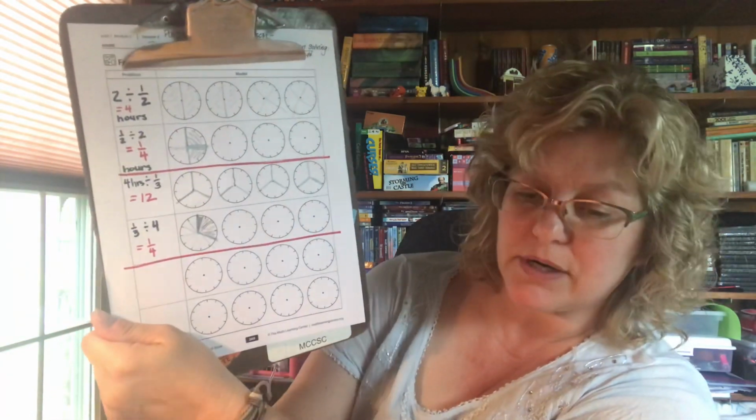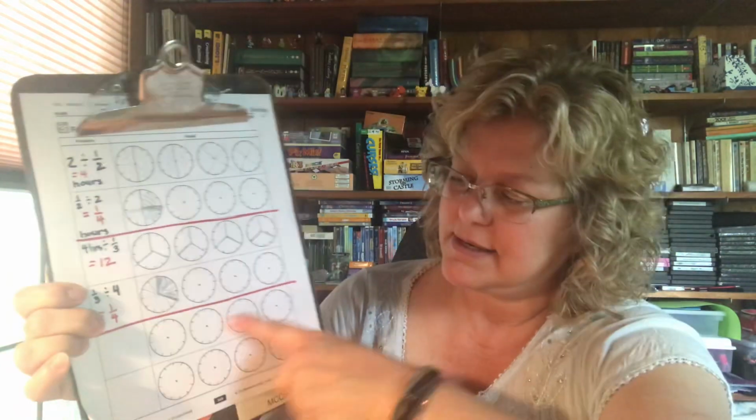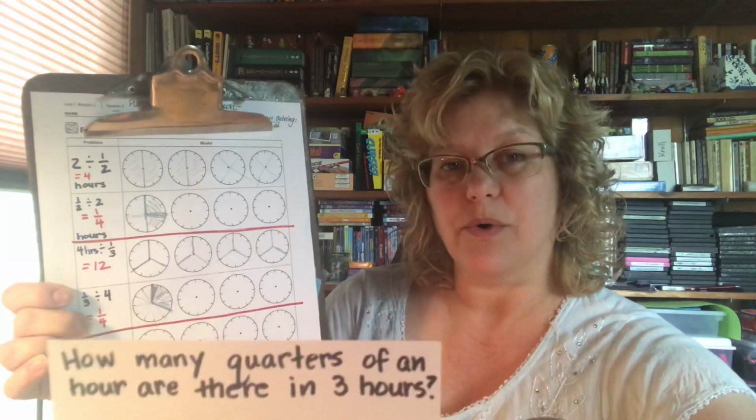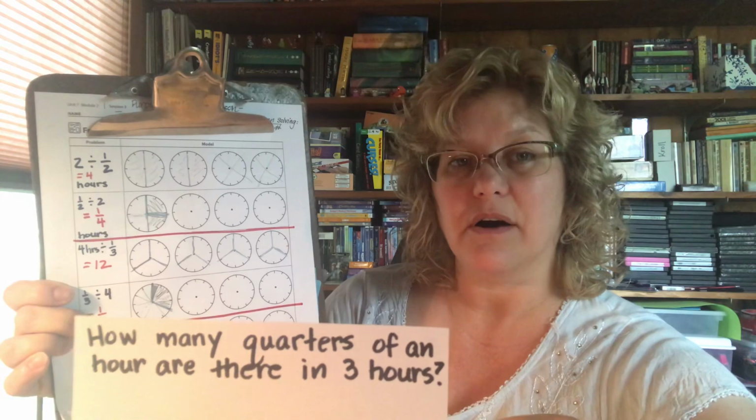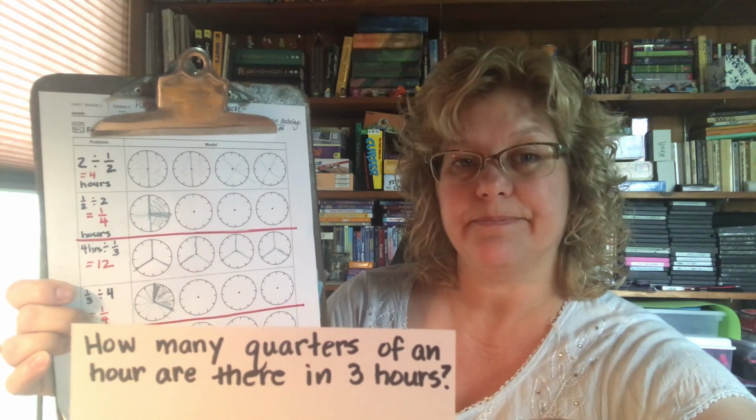All right, we have 2 more problems down on the bottom here. The next problem says, how many quarters of an hour are there in 3 hours? How many quarters of an hour are there in 3 hours?